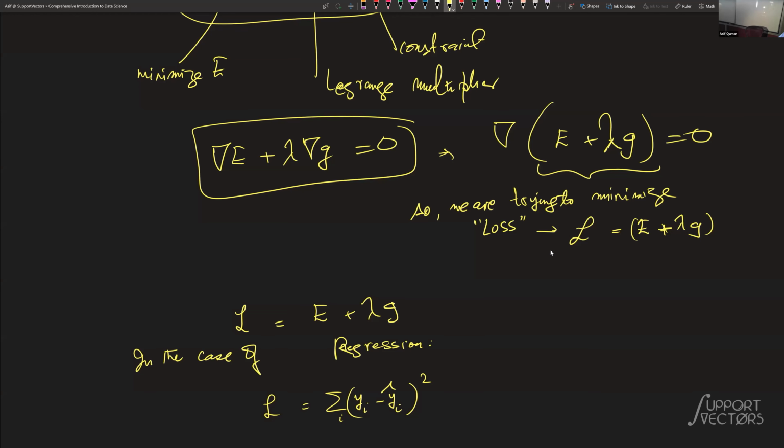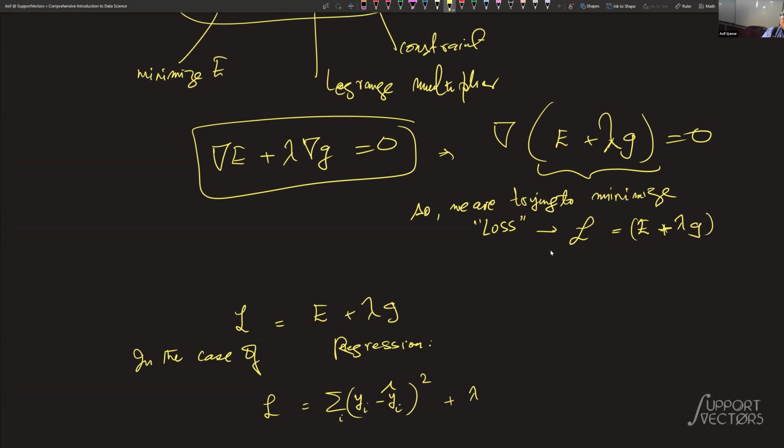You can take sum squared error, you can take mean squared error, or you can take 1 over n, it doesn't matter. Error is error. So I will skip this, and just write this quantity plus lambda.